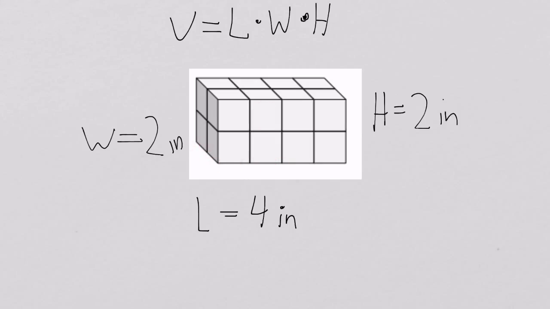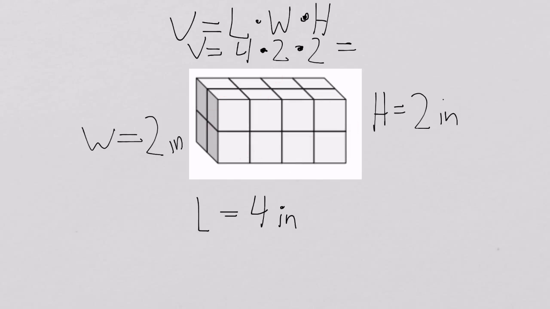Each of these is a cube, and a cube's sides are all the same length. So we have a length of 4, a width of 2, and a height of 2. So if we plug that in up top, volume equals 4 times 2 times 2, we're going to get our volume for this figure right here.